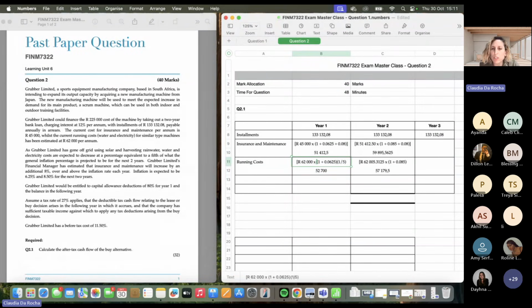Okay, so with the running cost, we must make sure that we are decreasing it by 1/5 of the inflation. So it's the 0.0625 times the 1/5. We must make sure that we are actually decreasing. The other way you could say it is you could just go your 62,000 times 1 minus the 0.0625 times 1/5.